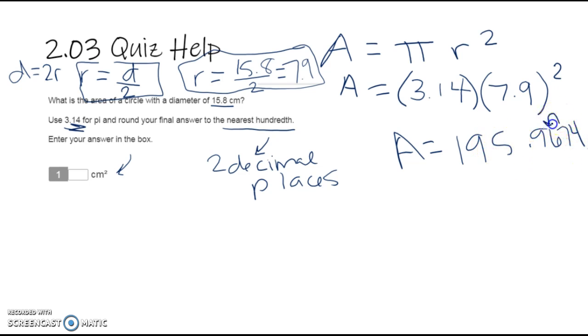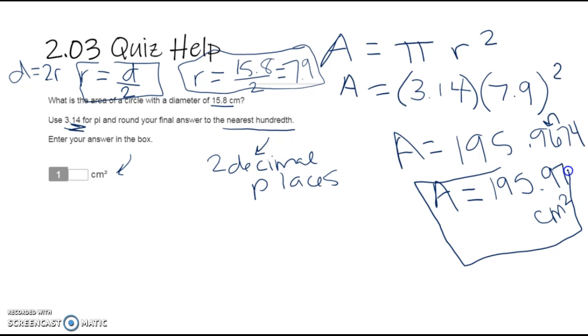That 6 is going to round up to a 7 because of the 7 after it. Not that you use that number that's after it, but the 7 is greater than 5. It makes it round up. 195.97 centimeters squared. And that's what we would put for our final answer.